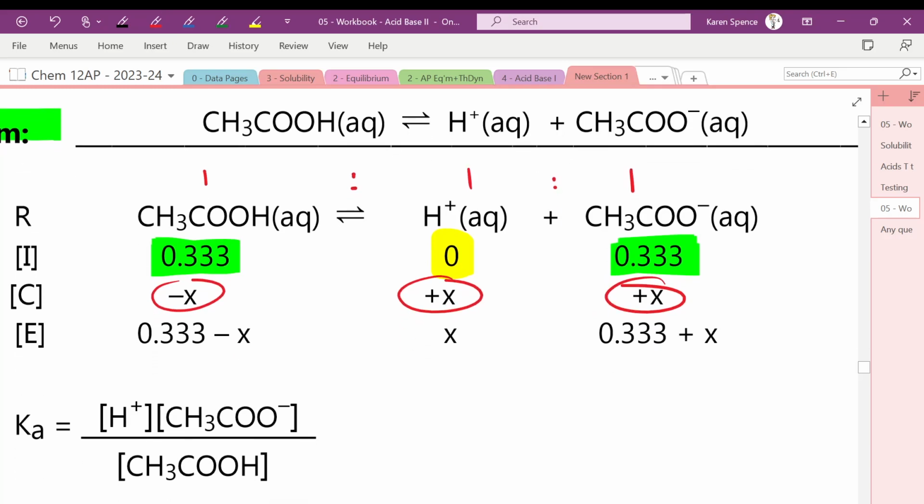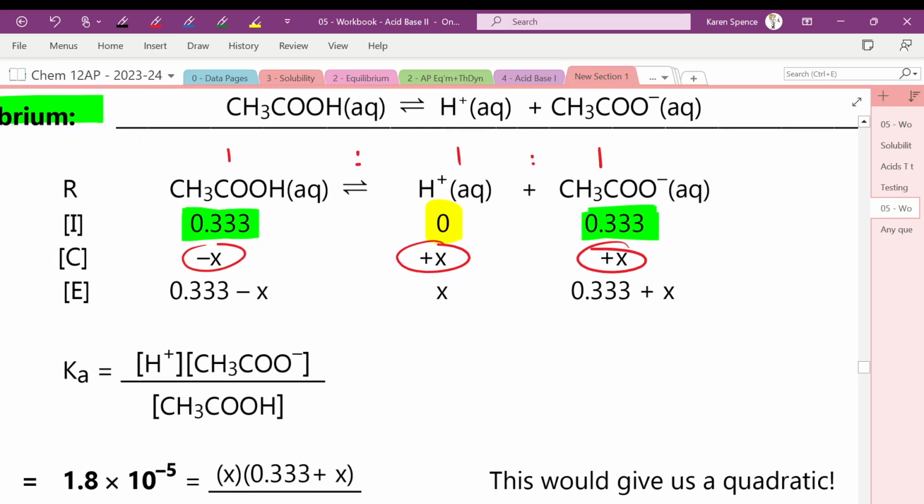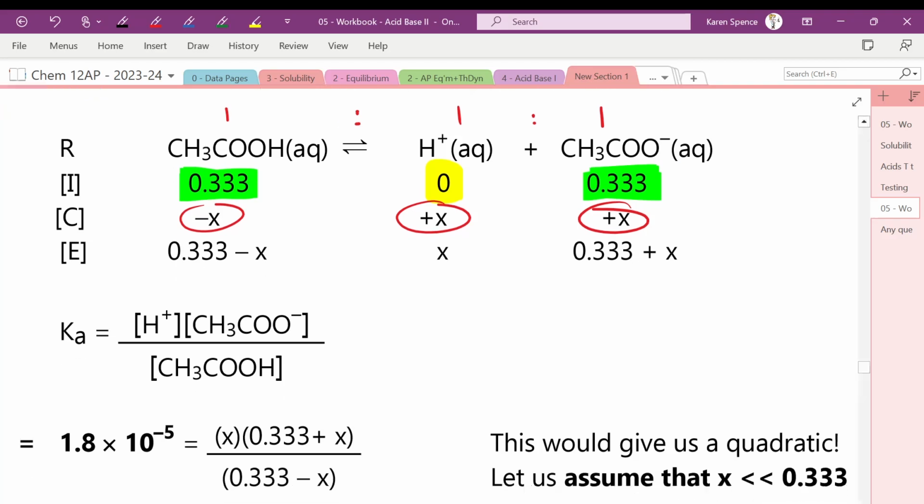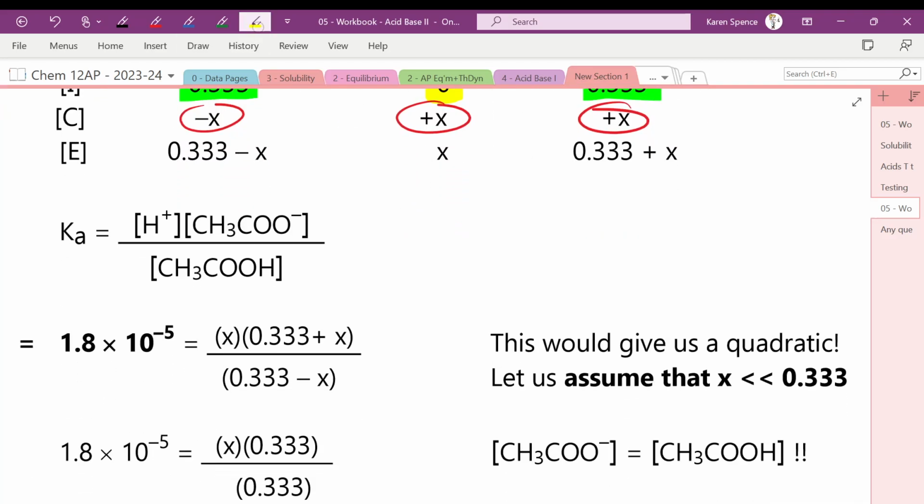We end up with 0.33 minus x, x, and 0.33 plus x. We write our Ka expression, H plus times CH3COO minus over CH3COOH. Plug in your Ka from your data booklet, which is 1.8 times 10 to the minus 5.